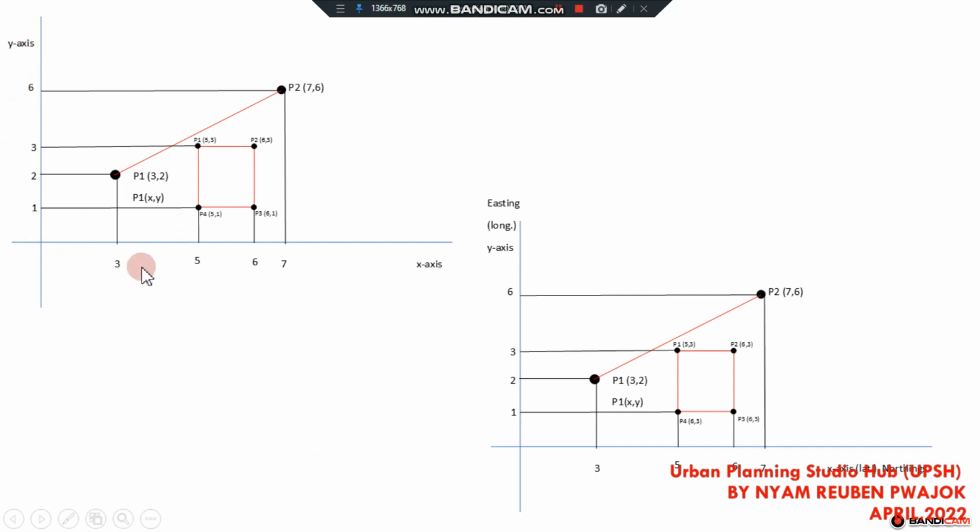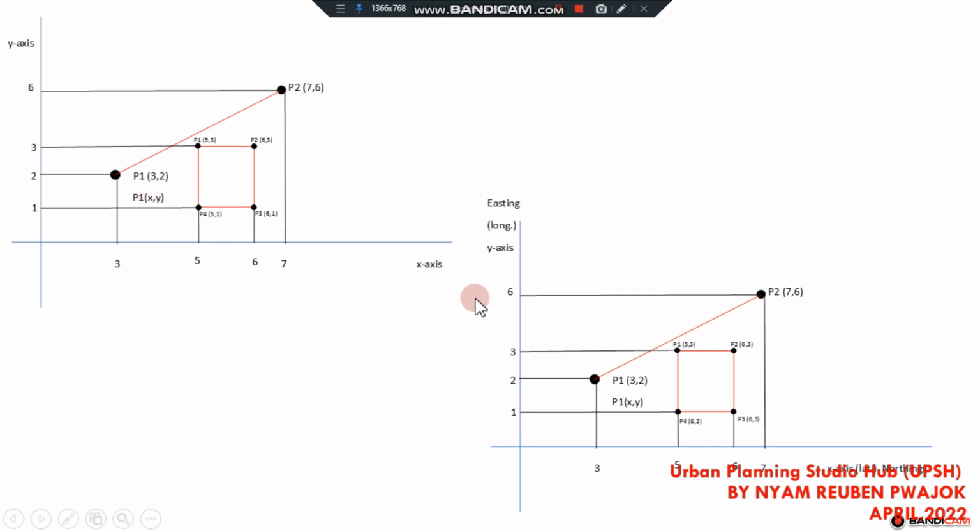Also the y-axis starts from 1 to 6, and then the x-axis from 3 to 7. Now the black point here is basically telling us how a point feature can easily be plotted on a graph. This point has a pair of coordinates, that is 3, 2. In every pair of coordinates we have x and y values. So the x and y values are what we call the coordinates.